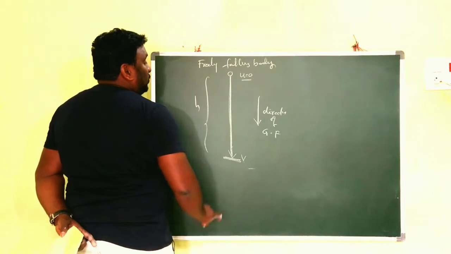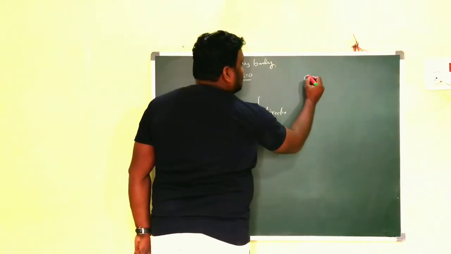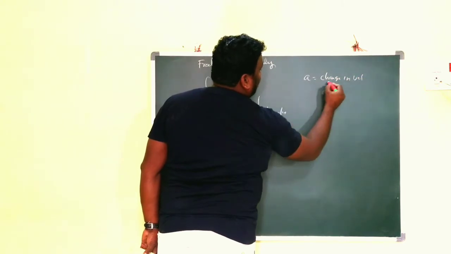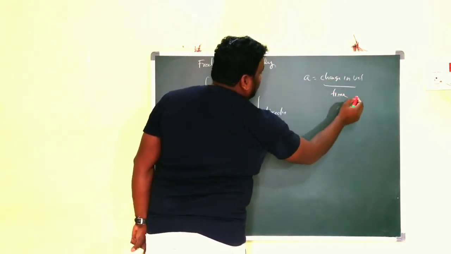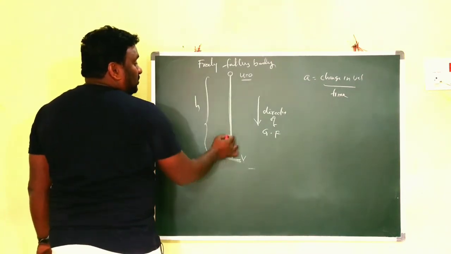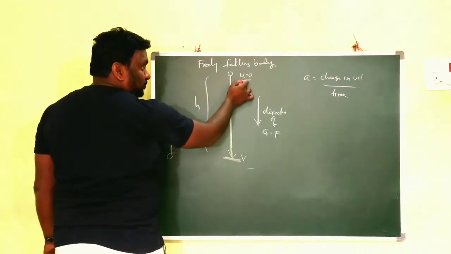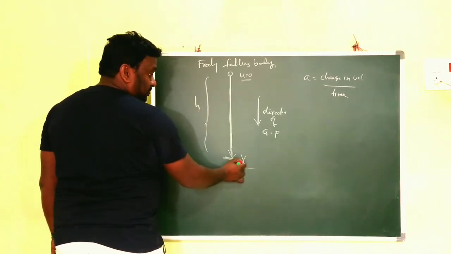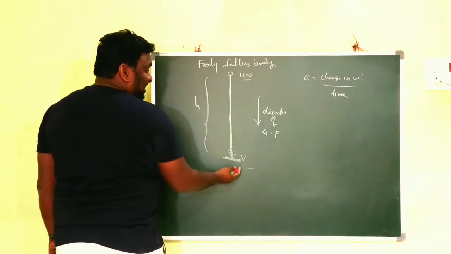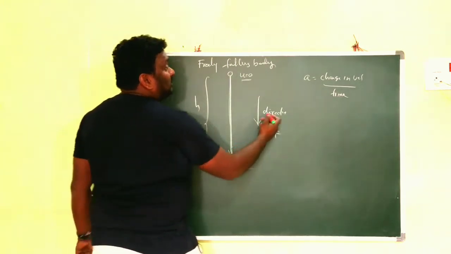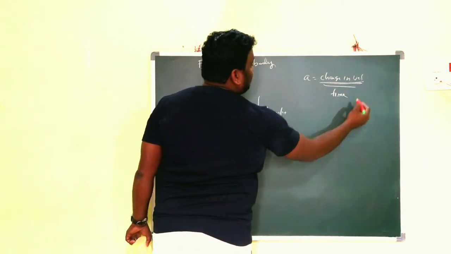Clear? And children, what I told you, what is A? Acceleration is the change in velocity by time. So for a freely falling body, initial velocity is 0 and final velocity is V. That means the velocity increases. When there is an increase in velocity, automatically a change in velocity takes place.